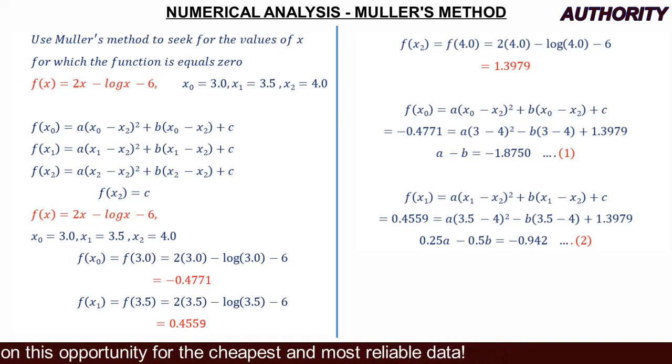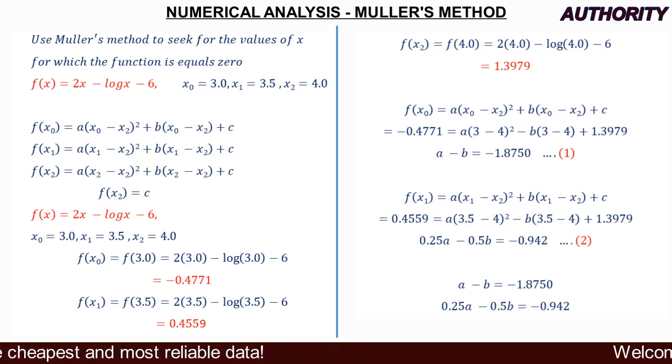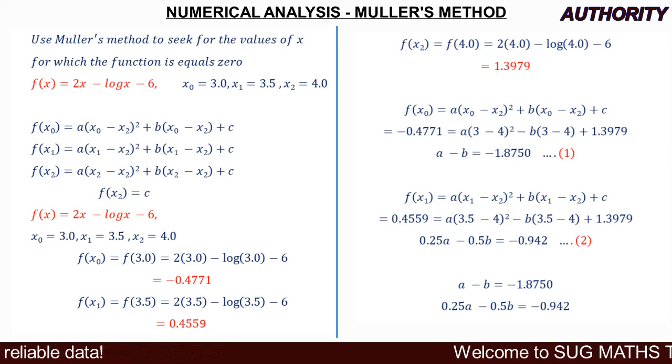Now we can actually bring together equation 1 and equation 2, which has become a simultaneous linear equation. So here we have a minus b is equal to minus 1.8750, and then equation 2, 0.25a minus 0.5b is equal to minus 0.942.